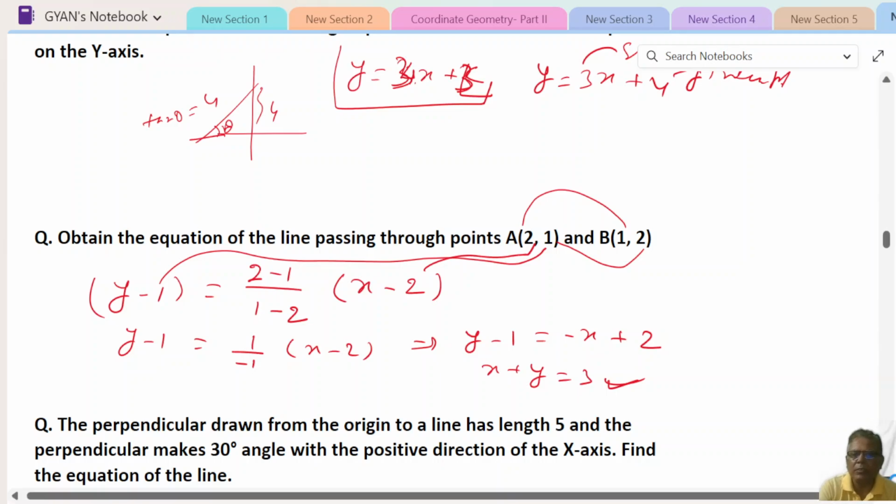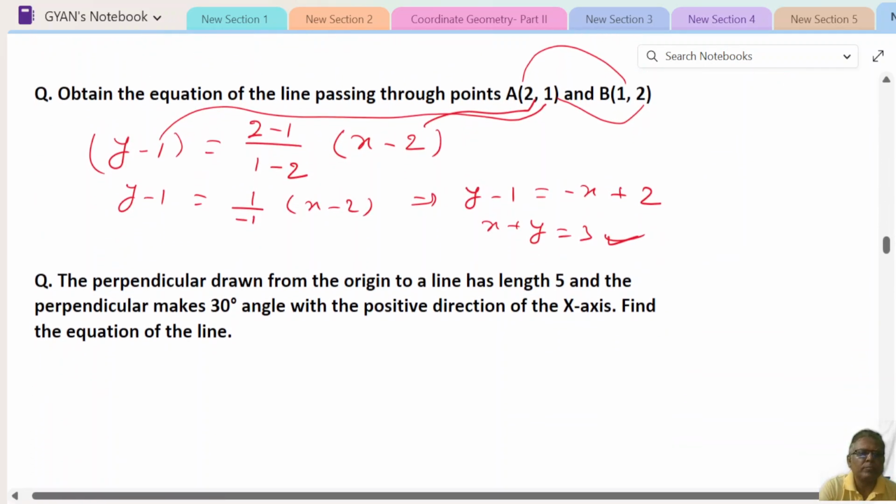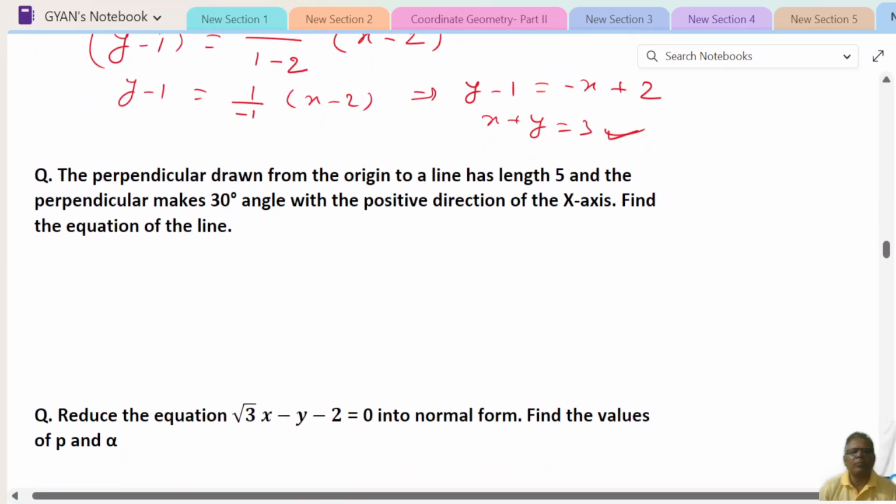Now come to the next question. The perpendicular drawn from the origin to the line has length 5, and this perpendicular makes 30 degrees with the positive x-axis.